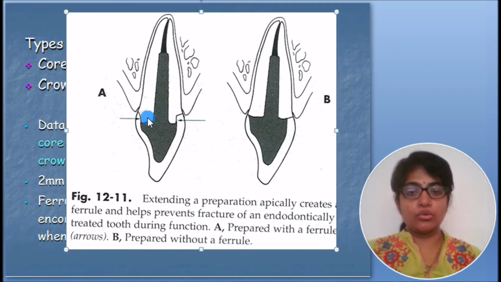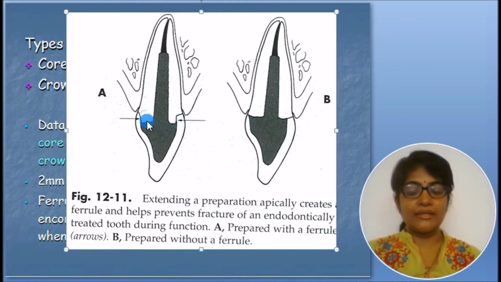Now this is the ferrule and this is without ferrule. You can clearly see that there is no encirclement and the core directly rests on the tooth. However, here the tooth encircles the core material, and here it directly rests on the tooth, that is the radicular dentine.